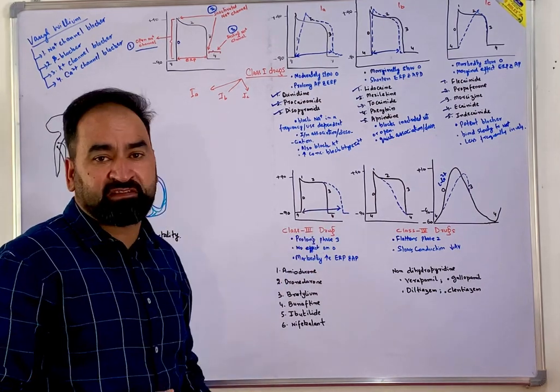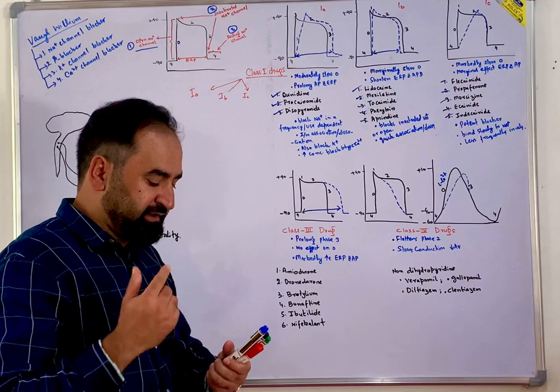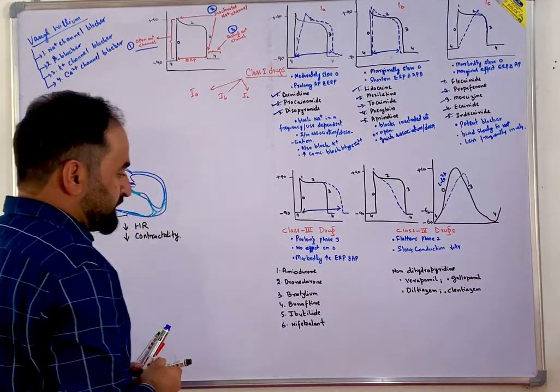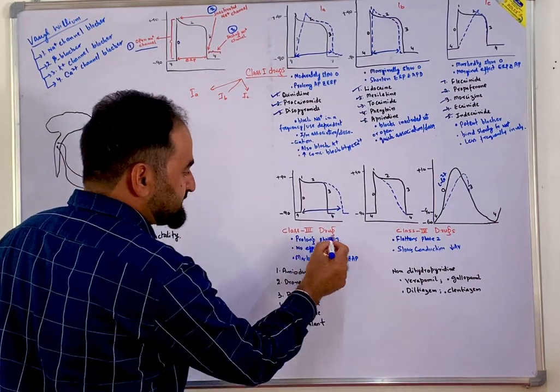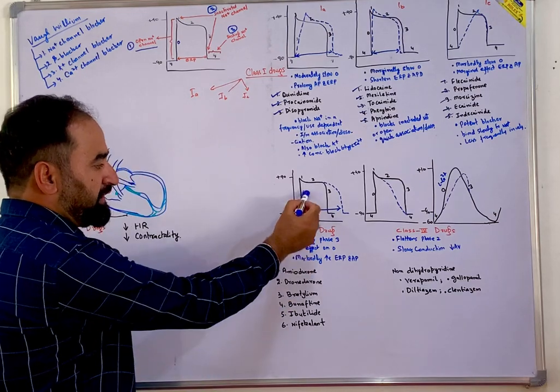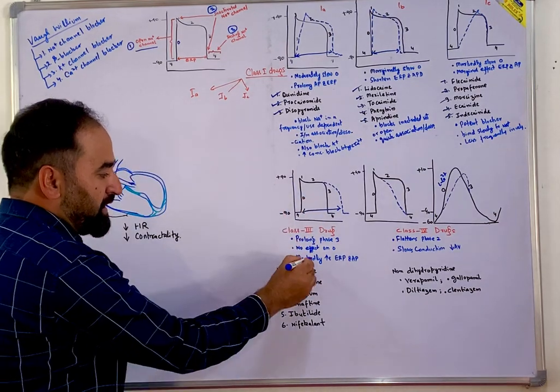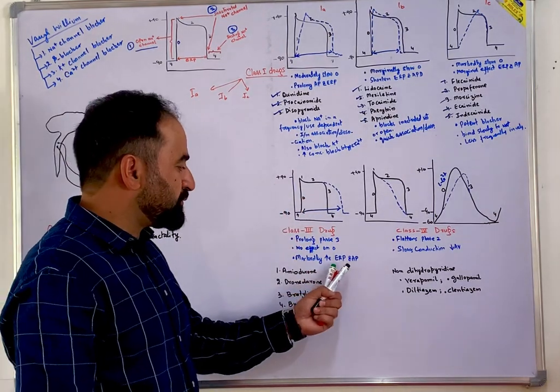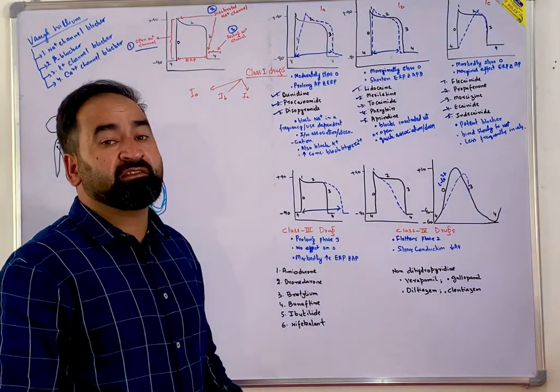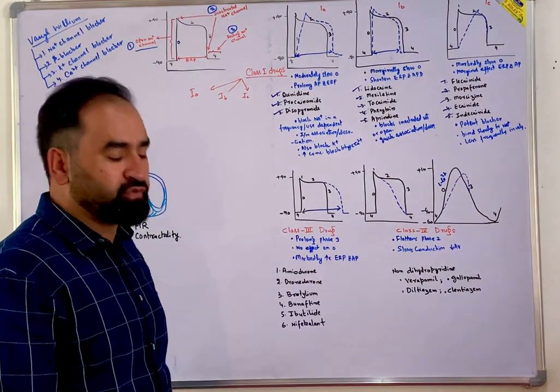That means a premature beat will not occur. So it prolongs phase 3, has no effect on phase 0, and markedly increases the ERP, the effective refractory period, and the action potential duration.